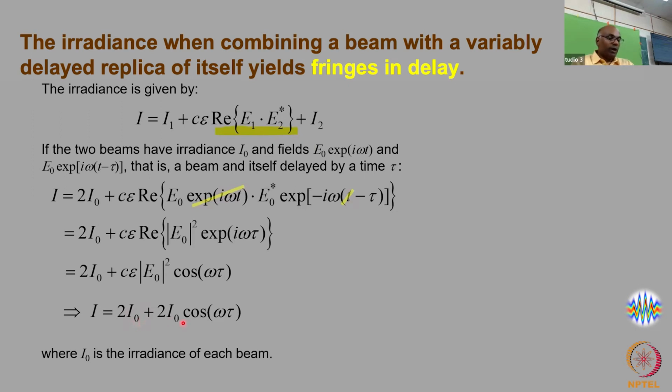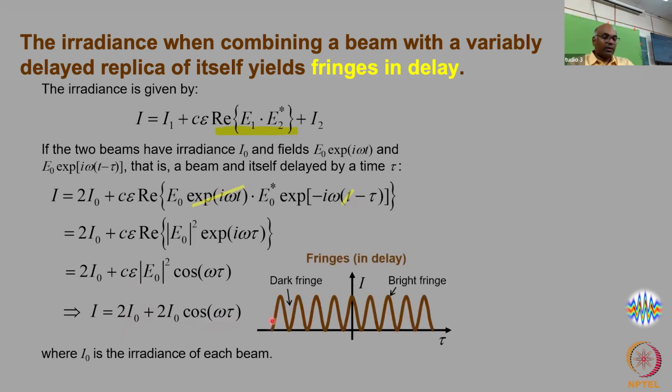So now, all that depends upon what the value of tau is, because omega is a fixed feature of the wave, the angular frequency. Okay, so let me plot this resultant expression, the summed up irradiance as a function of tau. You of course guess now that it should be a sinusoidal function, because tau is varying and the intensity is flopping between a minimum 0 and a maximum 4 I naught here.